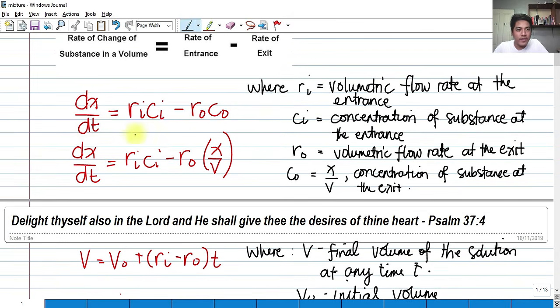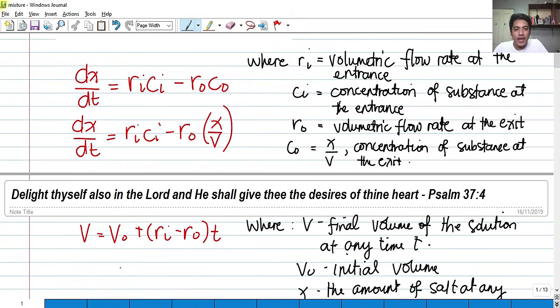So we have this differential equation. The rate of change of the substance with respect to time is equal to the volumetric flow rate at the entrance, r sub i, times the concentration of the substance at the entrance, c sub i, minus the rate of exit. R sub o is the volumetric flow rate at the exit, multiplied by c sub o, which is equal to the total amount of the substance x over the volume at any time t.